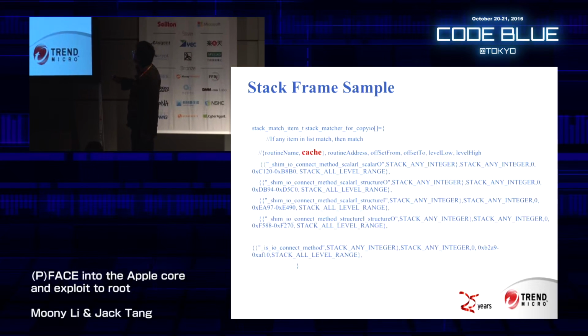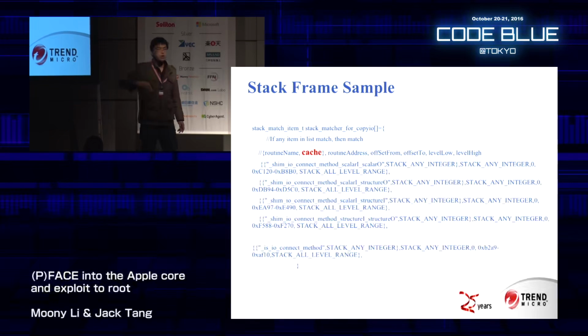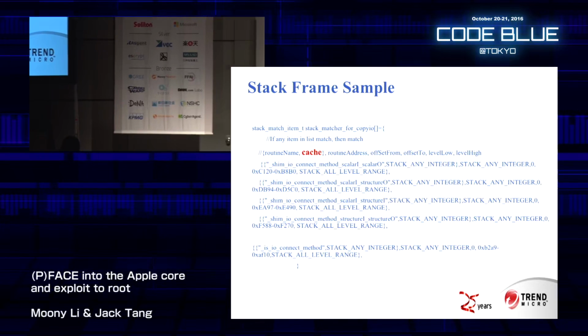We will care about the routine name, routine address, and the stack level. For example, if the return address is within this function, and this function is at this layer in the whole call stack, then we will care about it.